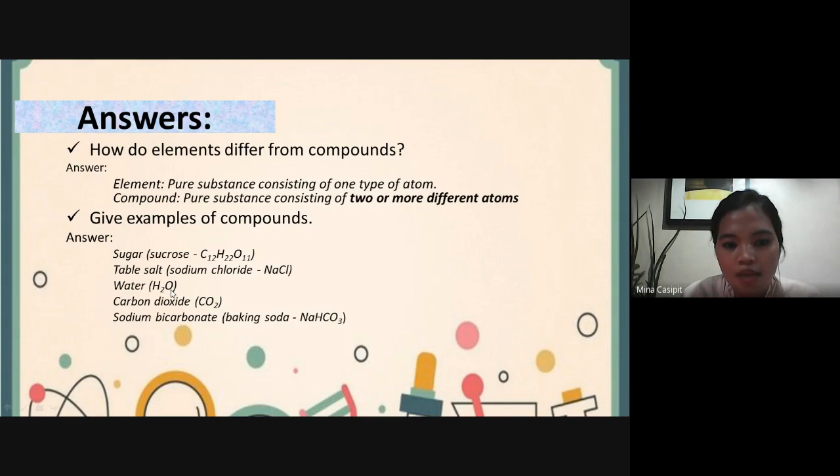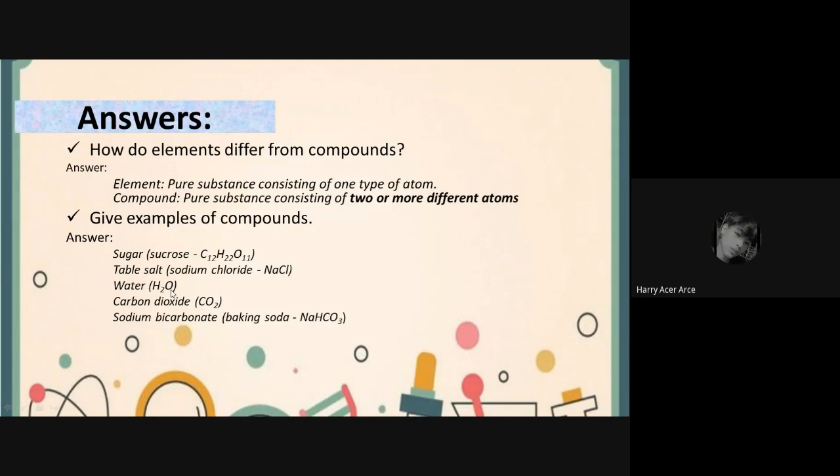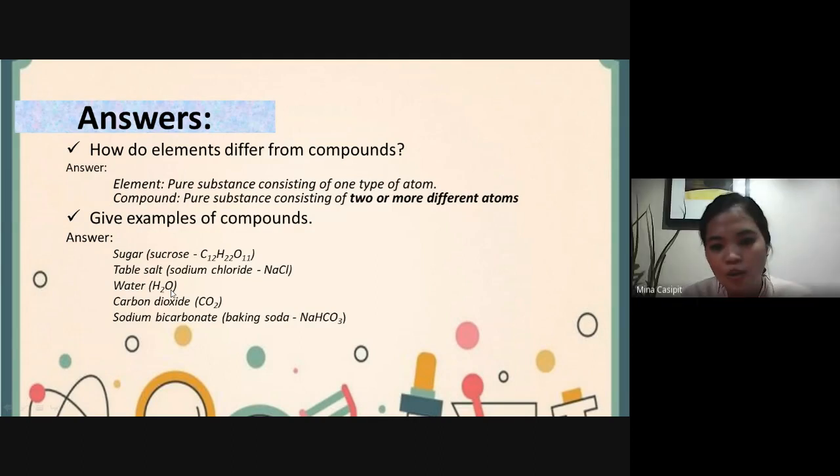Sodium bicarbonate, or commonly known as baking soda, we have Na. Ano itong element na may symbol na Na? Sige nga, from the class. Anong element yung may symbol na Na? Grade 9. Sodium po. Okay, sodium.